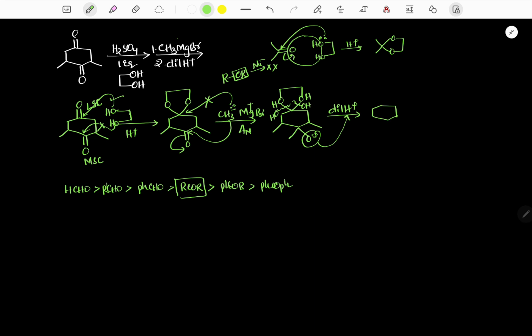Therefore the corresponding product is the hydrate at this carbon, ethylene glycol, and a tertiary alcohol. We know this hydrate form is unstable at room temperature, loses water, and finally converts into the corresponding ketone. So it is our final product.